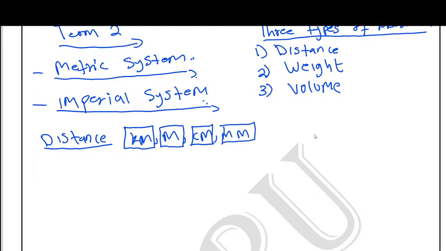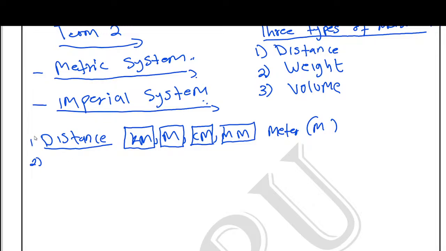So in the distance, we have a common unit, which is the meter, represented by m. When we do conversions, how to convert from one unit to the other, I will show you how that helps us. Okay, now let's move to number 2.